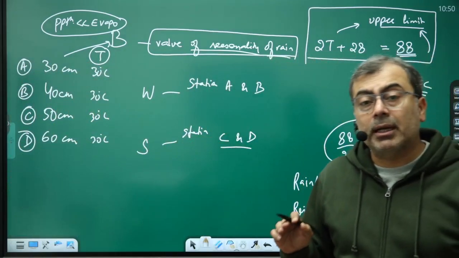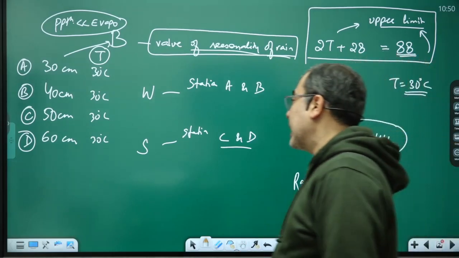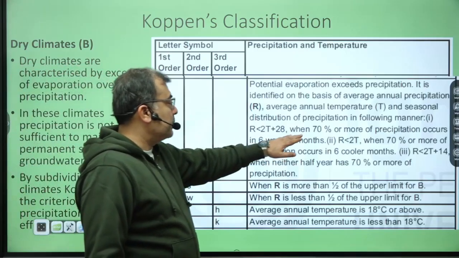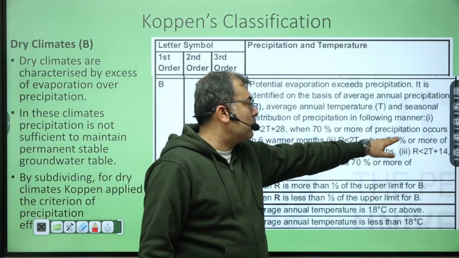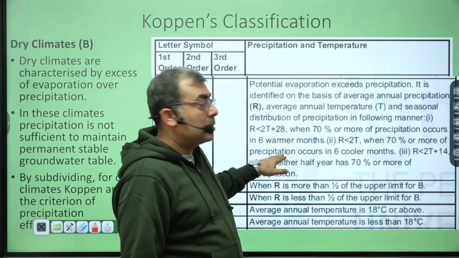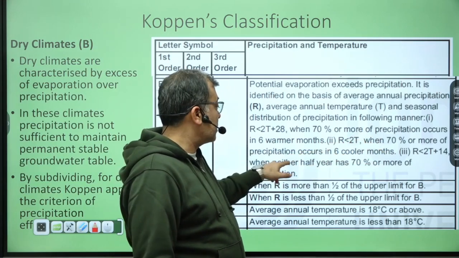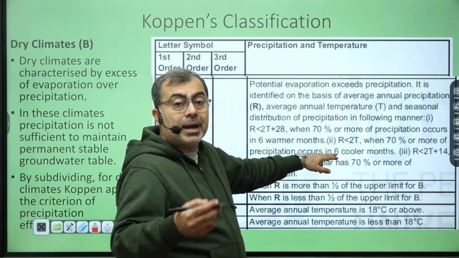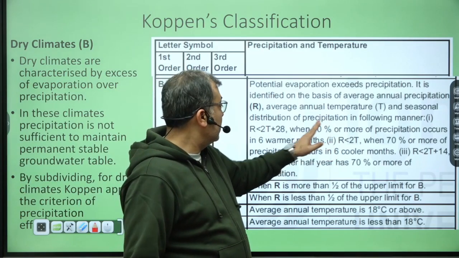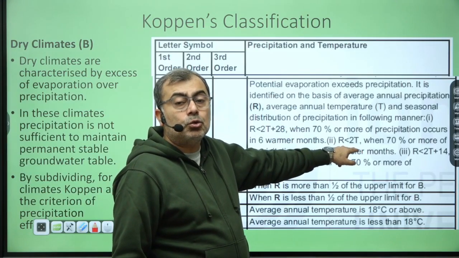Now this formula 2t plus 28 is applicable when a region receives 70% or more rainfall in warm months, meaning in summers. If the region is receiving rainfall in winters, because the demand for water is not much, he said that here I will keep only R less than 2t.